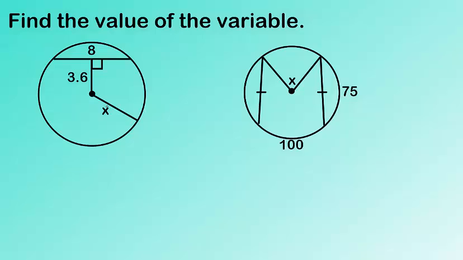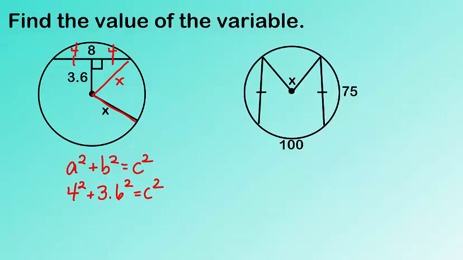In this next example, I have x on a radius, and I'm just going to move it up over here. And I know that because this is perpendicular, each of these are 4. So now I'm going to use the Pythagorean theorem because I have that right triangle. 4 squared plus 3.6 squared is equal to c squared.